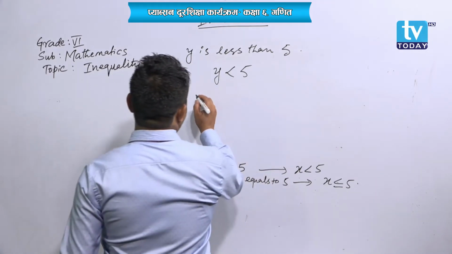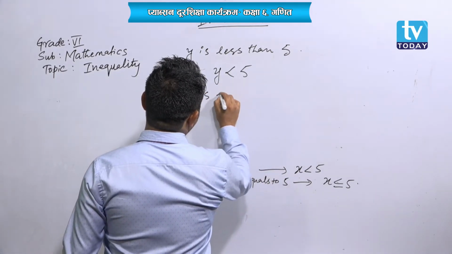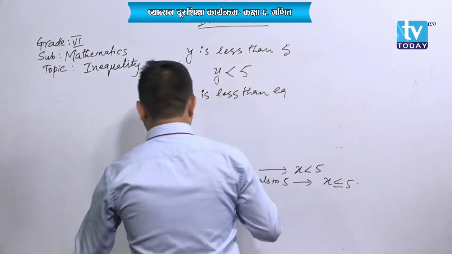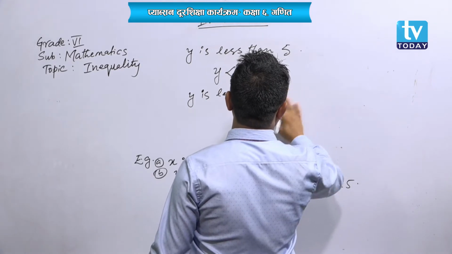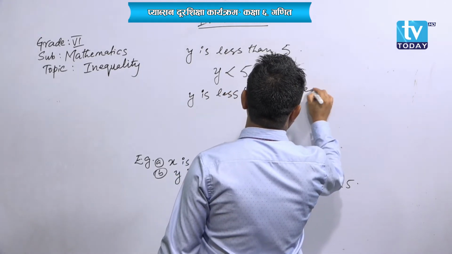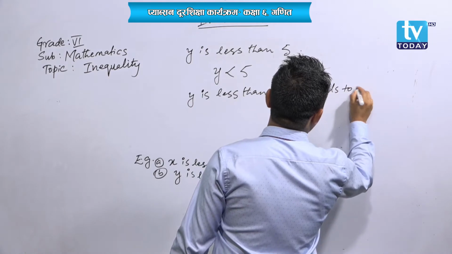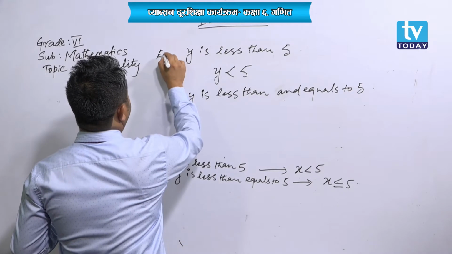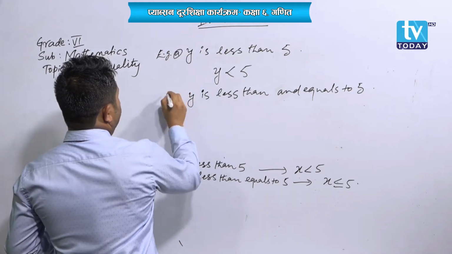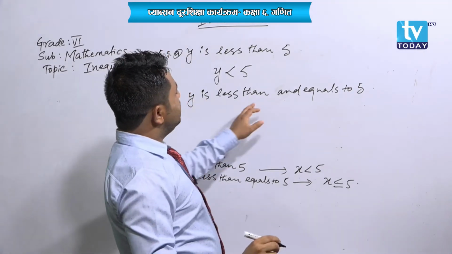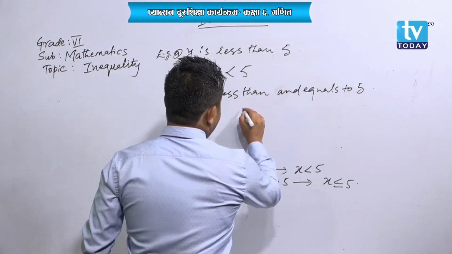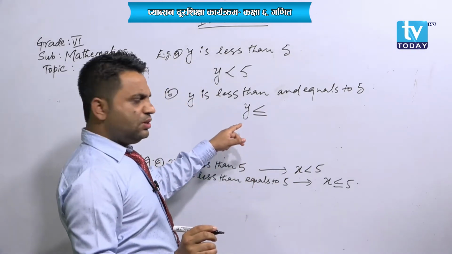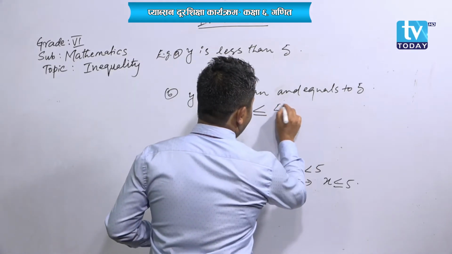And the value of y is less than and equals to, suppose 5. These all are the examples. Y is less than and equals to 5. So this is a symbol of less than equals to 5.